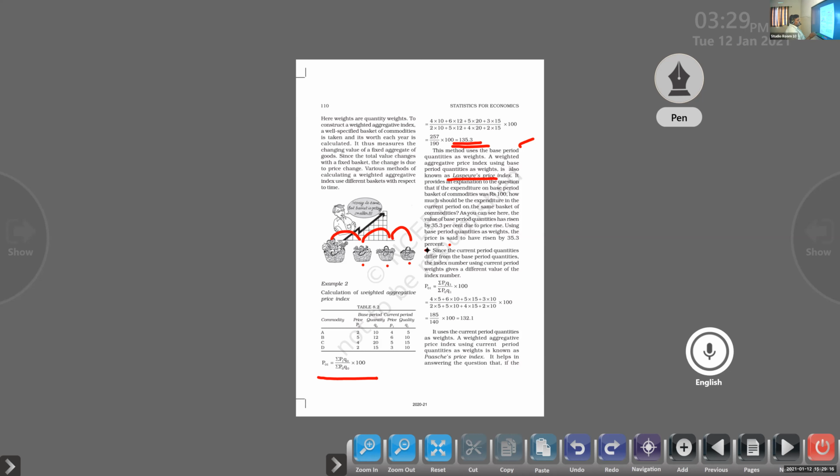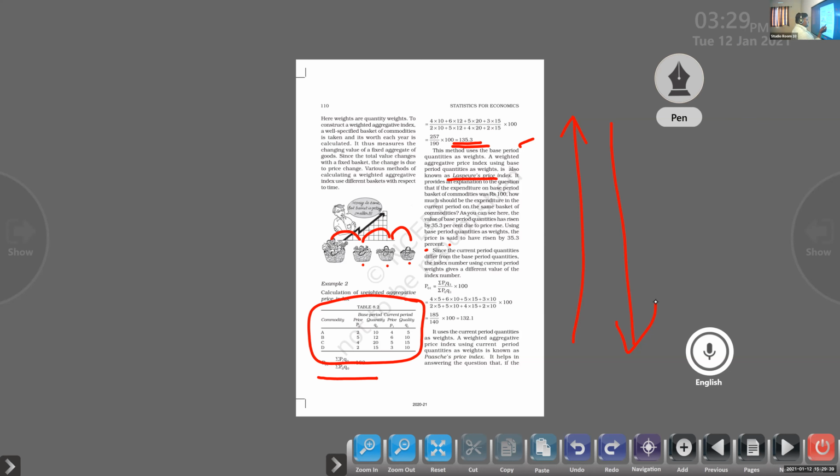If you are observing this table, we are able to find one thing: the price of the commodity is increasing, the quantity purchased is decreasing. Clear? Understanding or not? So the price of the commodity increased, the quantity purchased decreased. So we find an inverse relationship here.